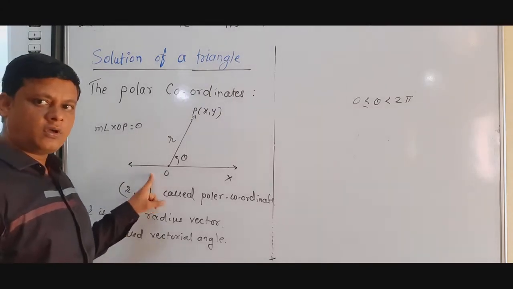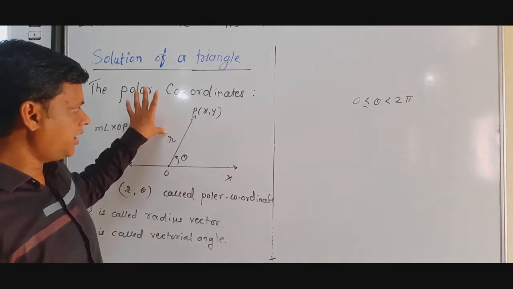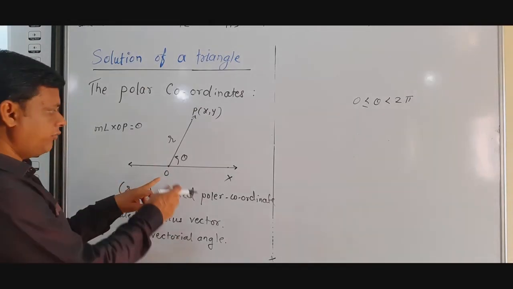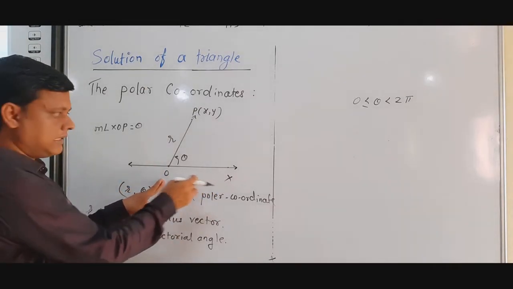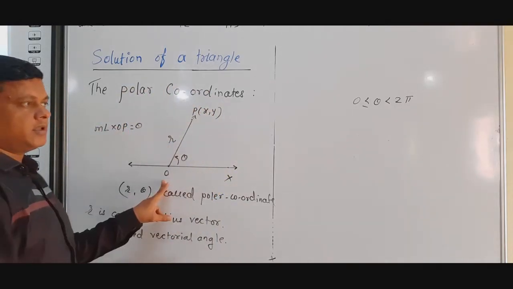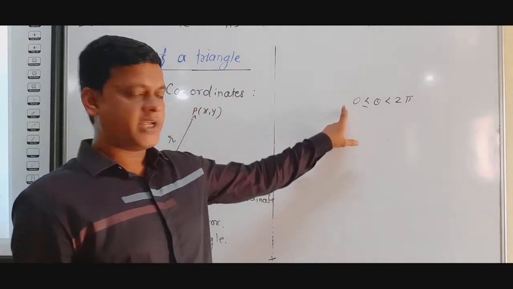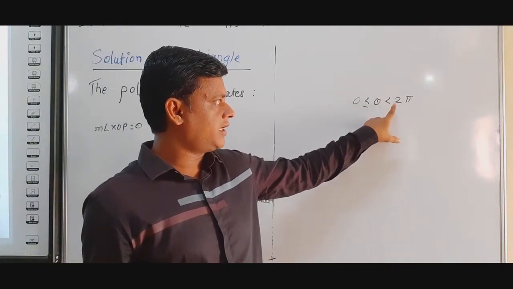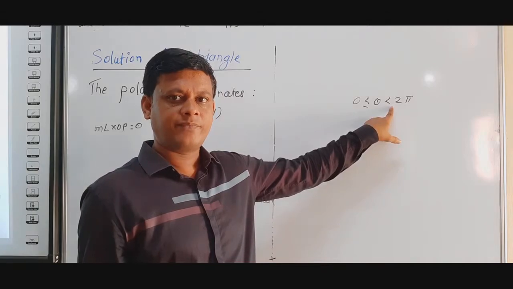We have to note one thing here, r is always positive. When we rotate this line OX in anti-clockwise, then this must satisfy the condition 0 less than or equal to theta, strictly less than 2 pi.